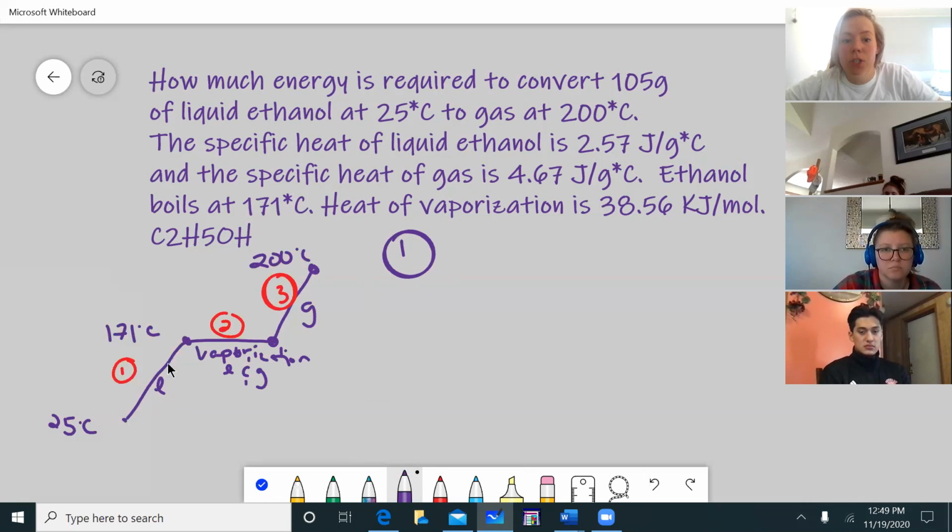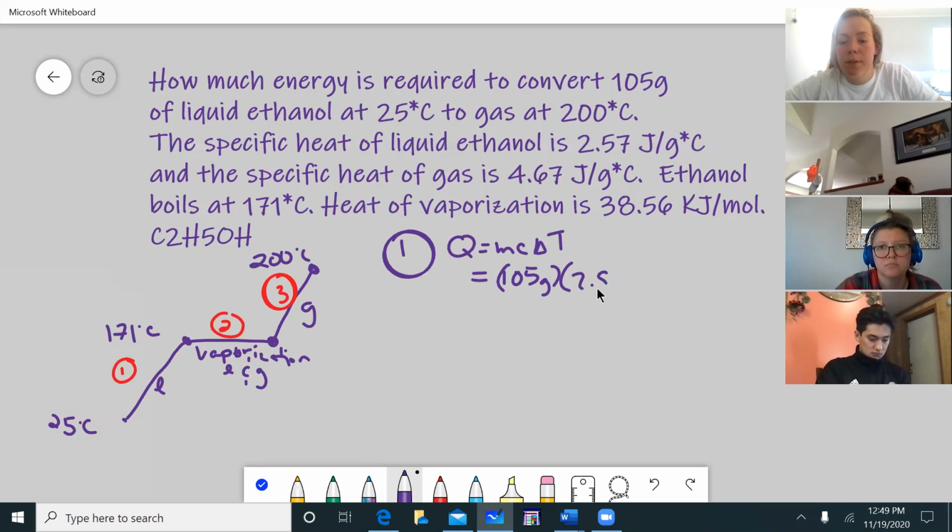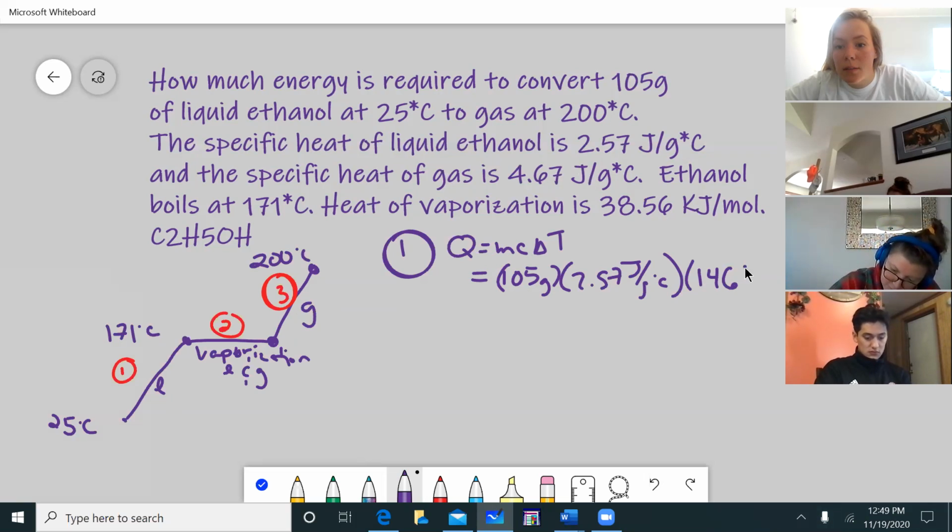Anytime we have a temperature change, which are the slopes, that's where you use Q equals MC delta T. For this one, we have our mass, which is 105 grams. We need to use the specific heat for the liquid because we're in the liquid range, so 2.57 joules per gram degree C. And then my change in temperature, 171 minus 25, is 146 Celsius.